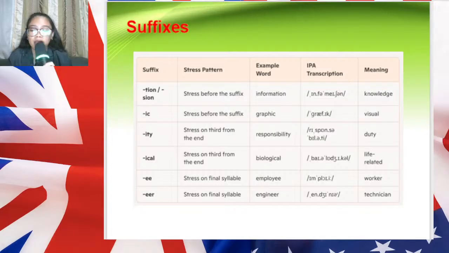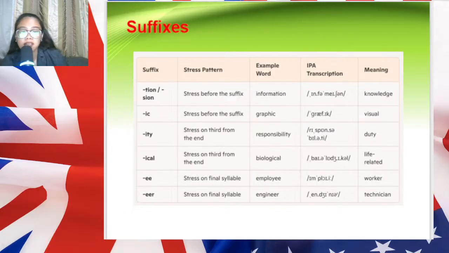Maybe I can give you some more examples. Let's think about more example words that use the suffix tion. Education.